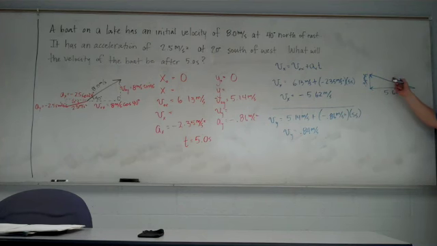To find the magnitude, how fast: 0.84 squared plus 5.62 squared, square rooted. 5.7 meters per second. So at this moment in time, it's traveling at 5.7 meters per second.